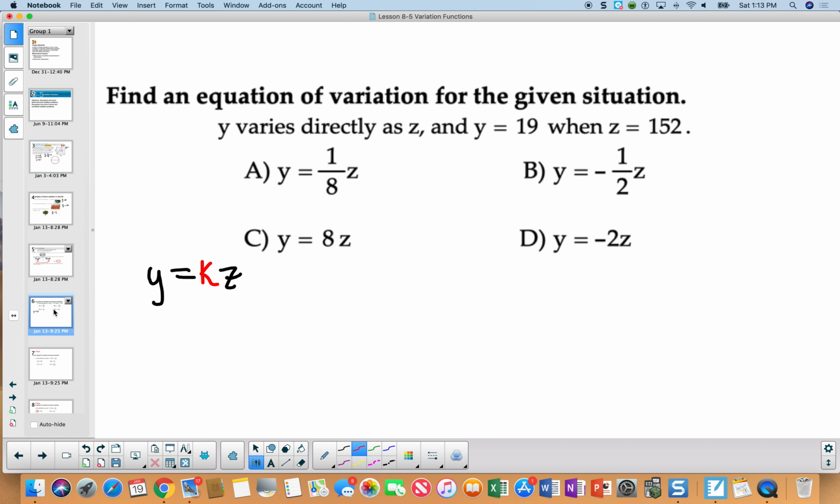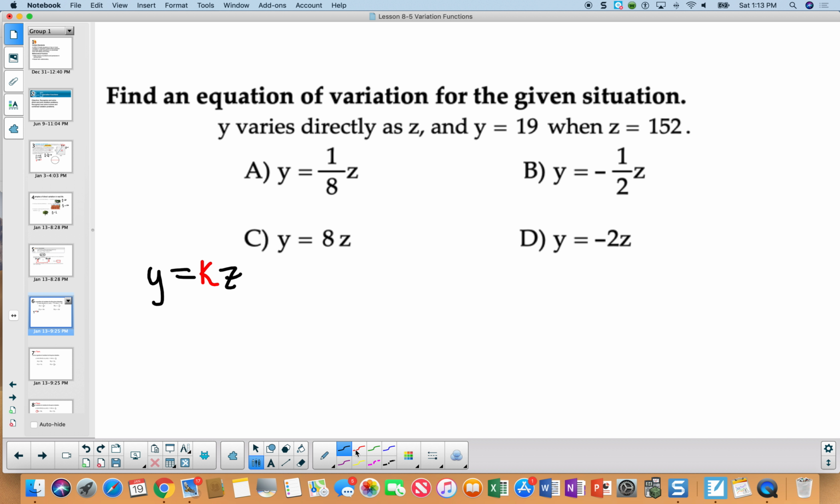But first, let's take a look at a variation problem where they ask us to identify what the equation is. So we want to find the equation. And all of these look pretty much the same. Let's go ahead and write it. y equals kz. So what we're looking for is the k. Which k do we want for our problem? So we've written out the direct variation: y varies directly as z.